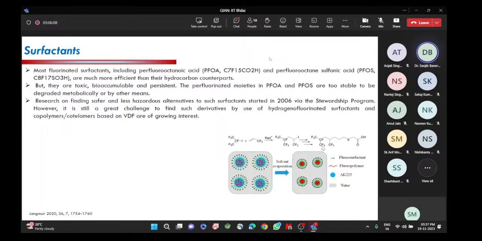Now we come to surfactants, right? My first question on surfactants is, how many of you are aware of critical micellar concentration? Write Y or N in the chat option quickly.